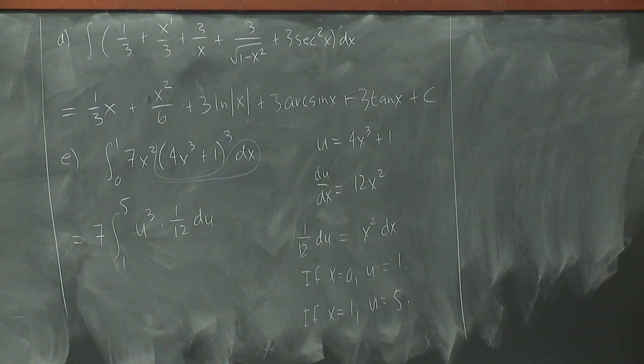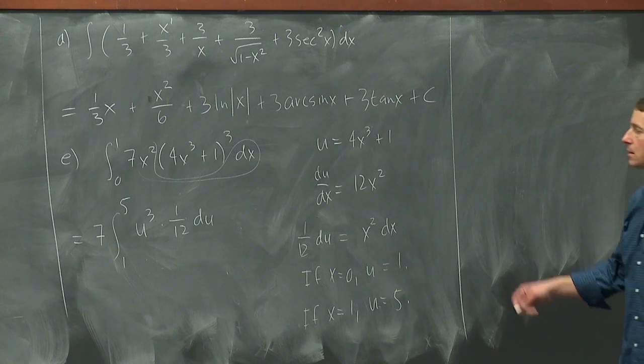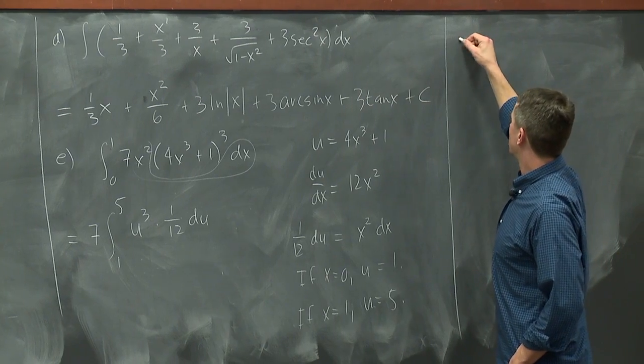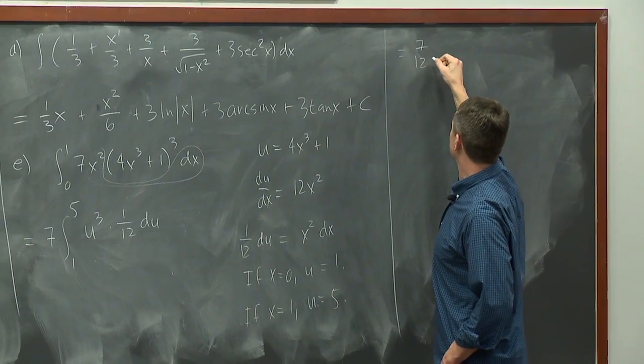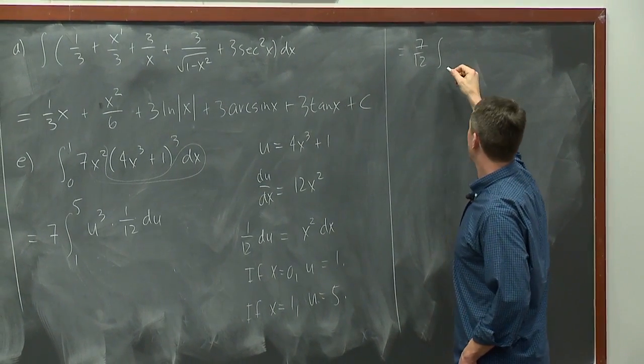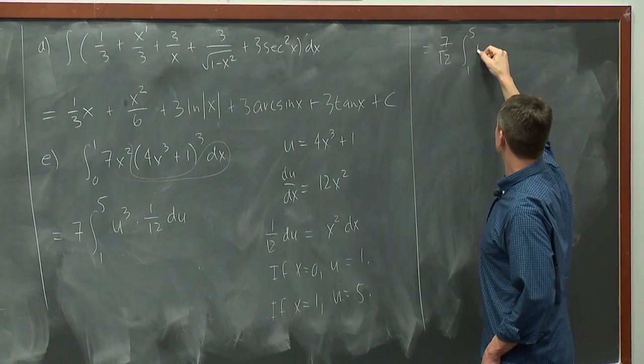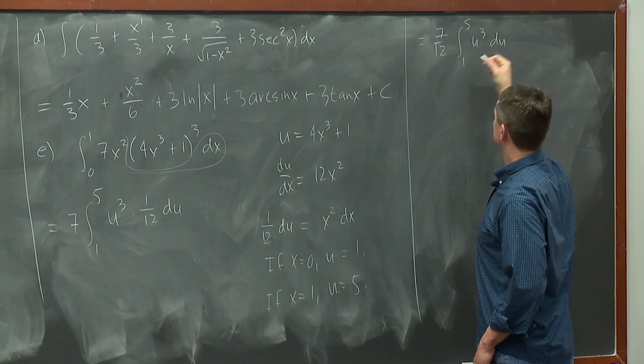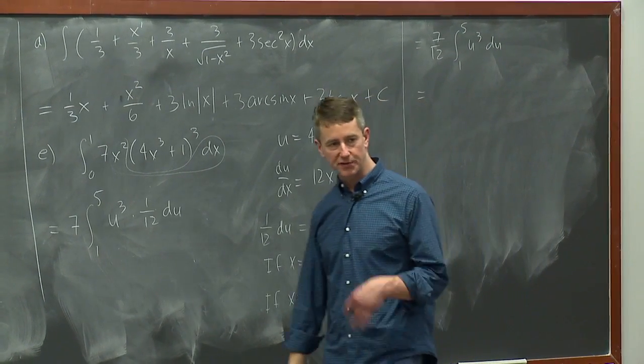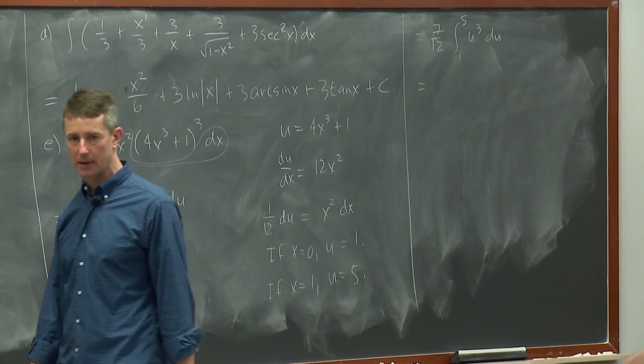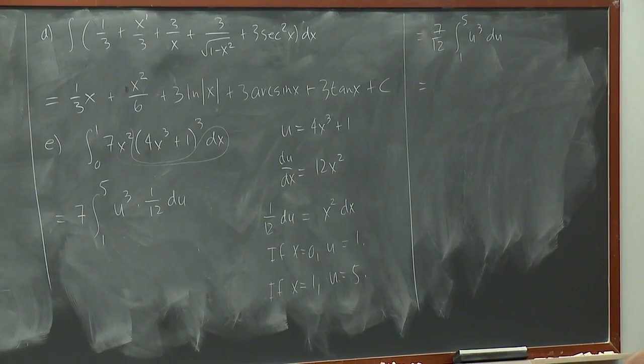So this is good. What can we do with that 1/12 inside? Pull it out front. So I've got a 7/12 out front. And I'm integrating from 1 to 5 u cubed du. So the fact that all the x's canceled means that we did a successful substitution. And the only question left is, have we done one that actually makes into something that we can integrate just by looking?